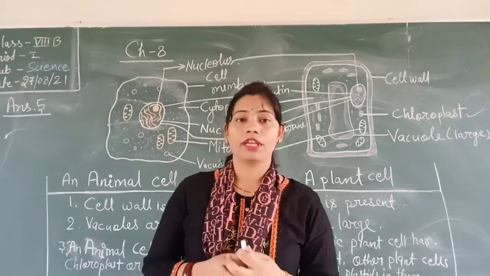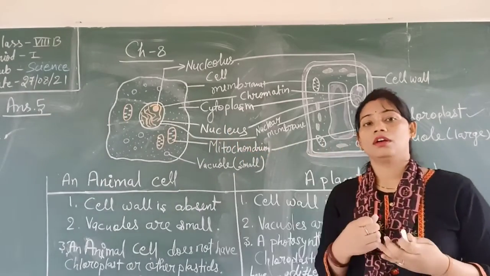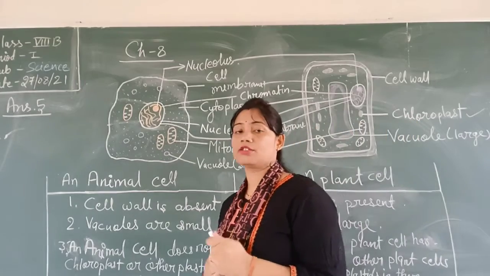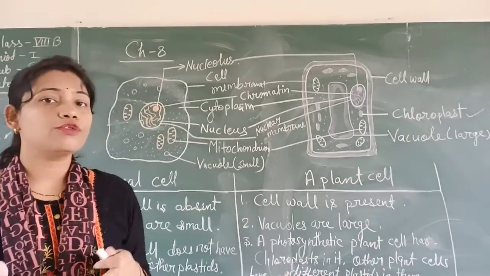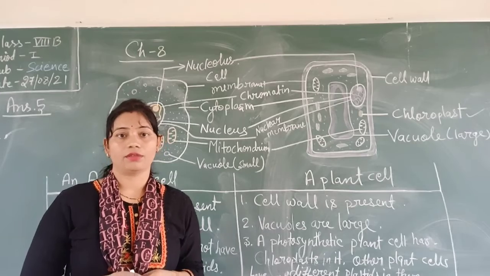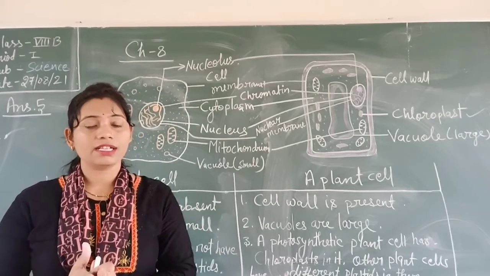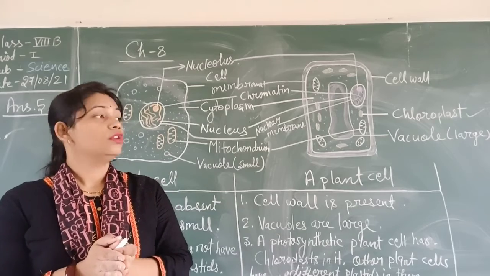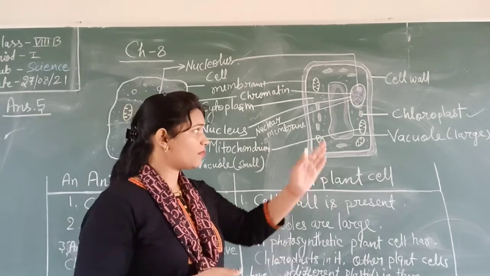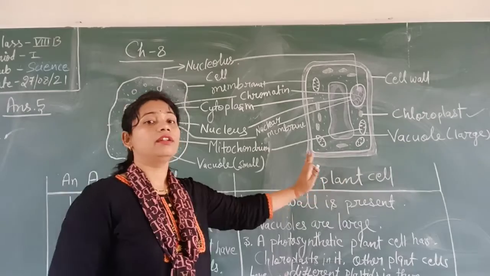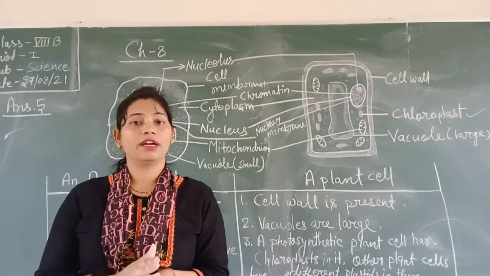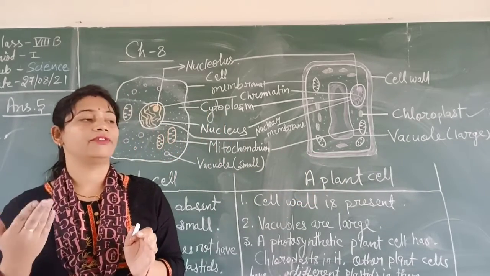Now if we are talking about the differences between animal cells and plant cells, so what are the differences? Also we can consider some similarities. So there are some similarities in plant cells and animal cells, and there are some differences also. Differences are highlighted here, and firstly we will talk about similarities, then we will talk about differences.